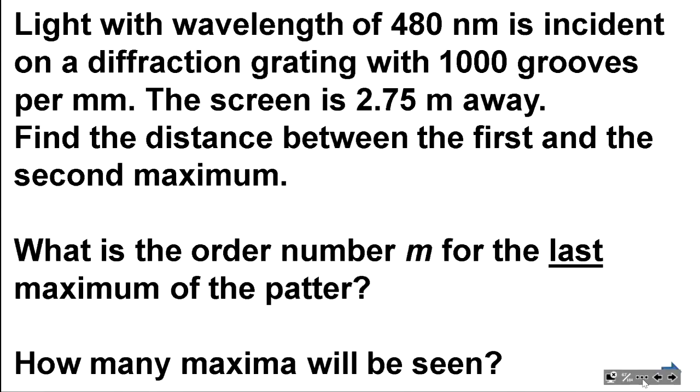So incident, it's too difficult. So it travels through a diffraction grating with 1,000 grooves, cuts, lines per millimeter. That's it. The screen is 2.75 meters away. Calculate everything, basically.